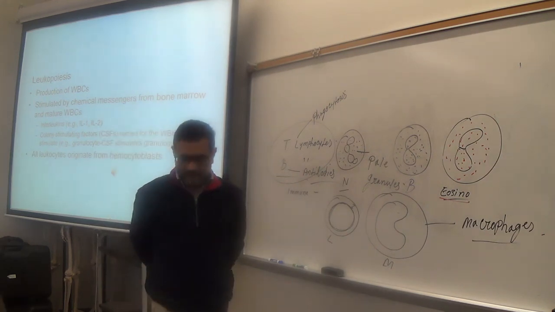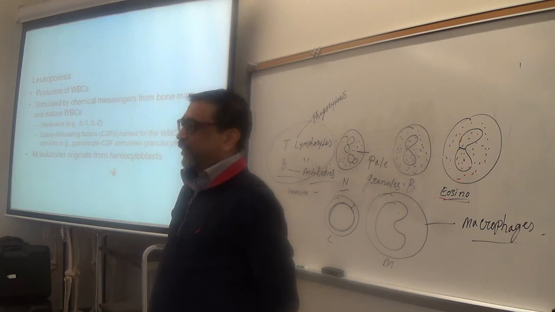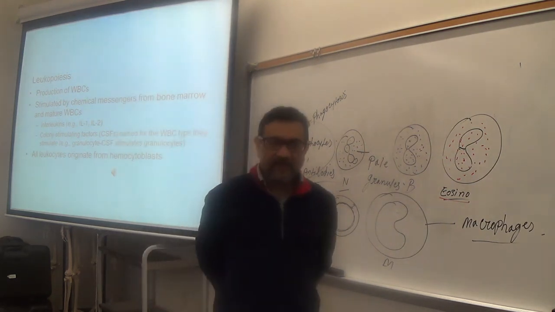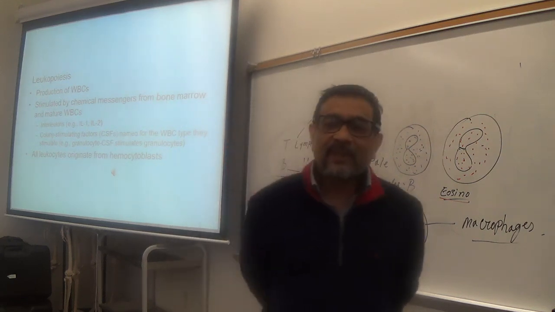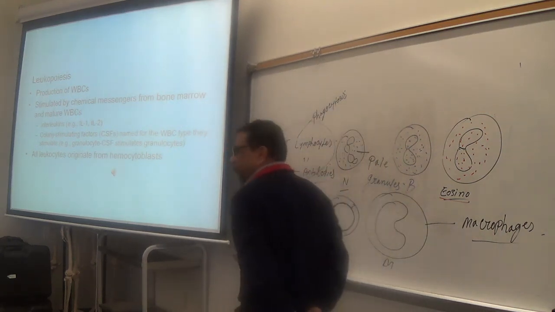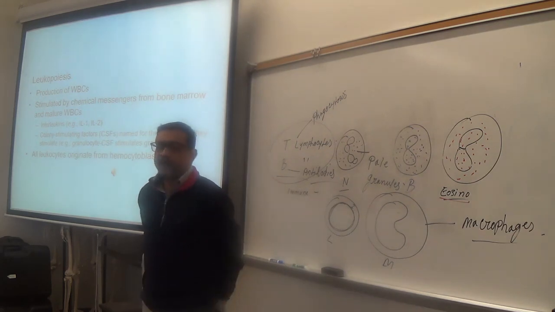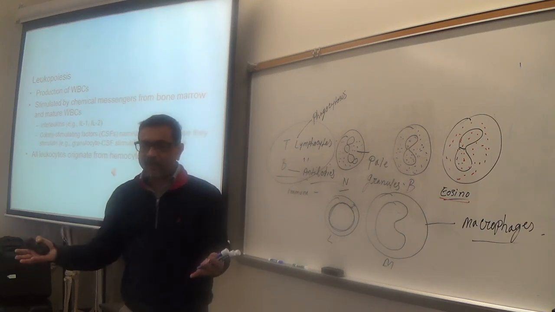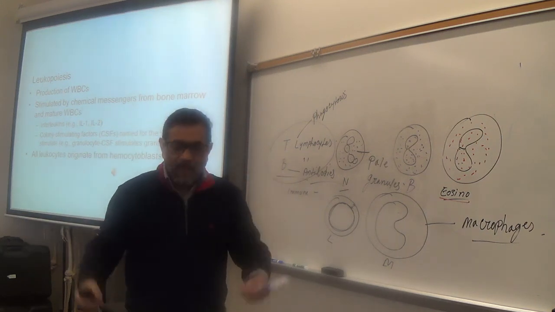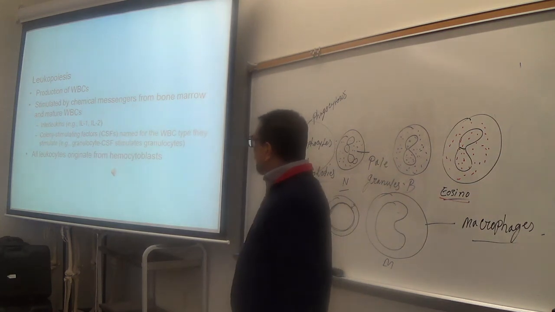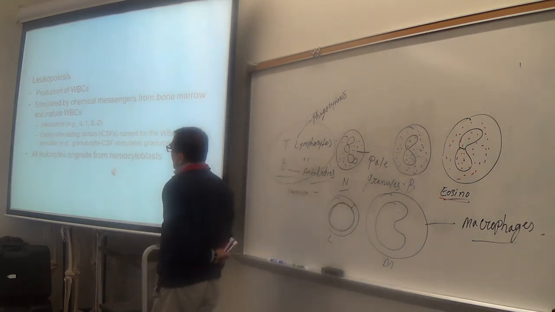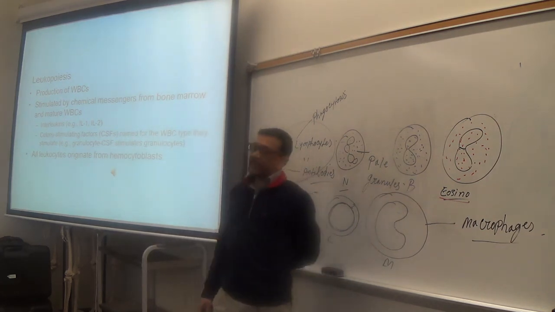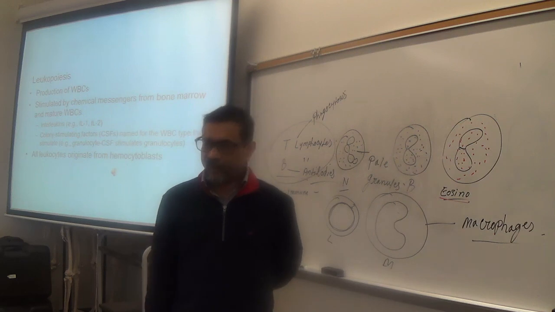Leukopoiesis. Leukocytes are white blood cells, you know that, and poiesis means production, right? So leukopoiesis is the production of white blood cells. Erythropoiesis is what? Production of red blood cells. Leukopoiesis, production of white blood cells. Okay, and a number of factors or chemicals stimulate the white blood cell production.